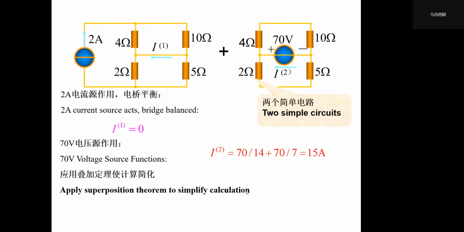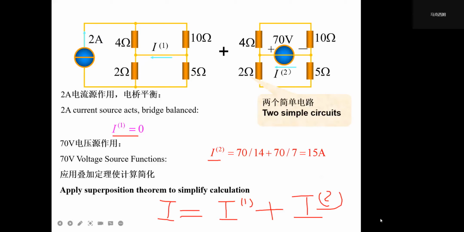So we can combine those two, I1 and I2. I equals I1 plus I2. Since I1 is 0 and I2 is 15, the total current is 15.